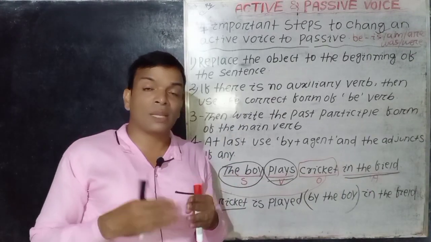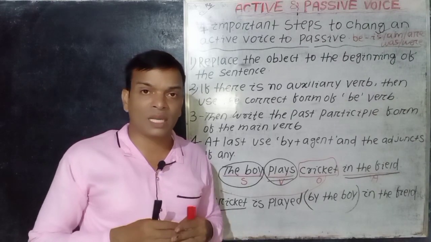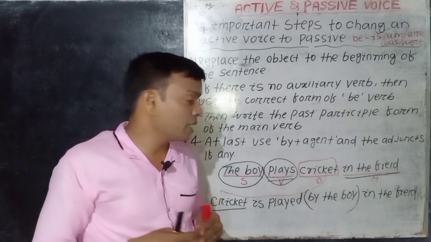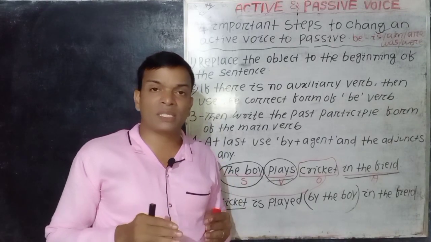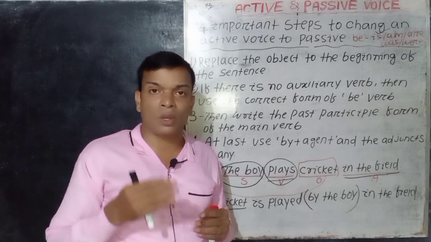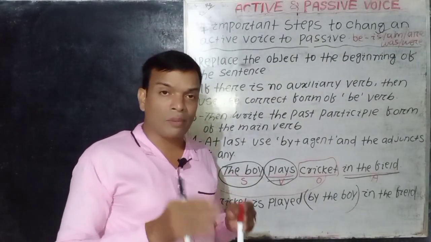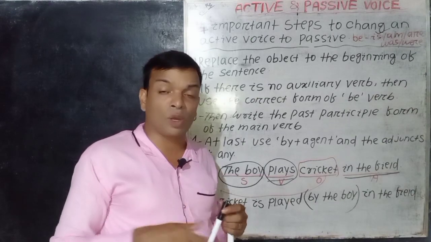These are the simple rules and 4 important steps, how to change an active voice into passive. So you must remember these steps while changing the active voice into passive. Now I am writing the formula for more clarity.